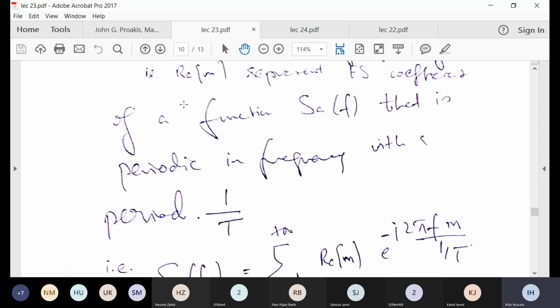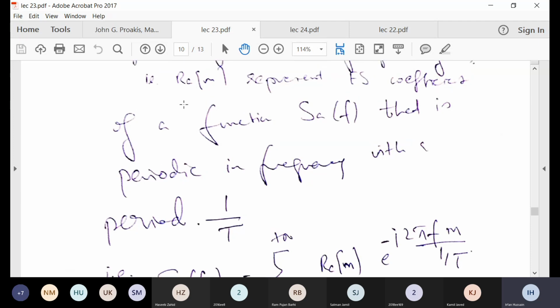The change is that it is periodic in frequency with a period of 1 over T.